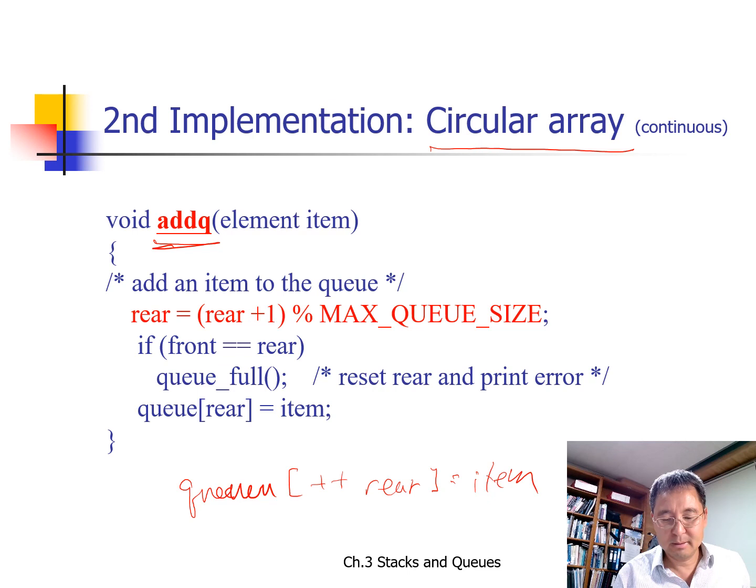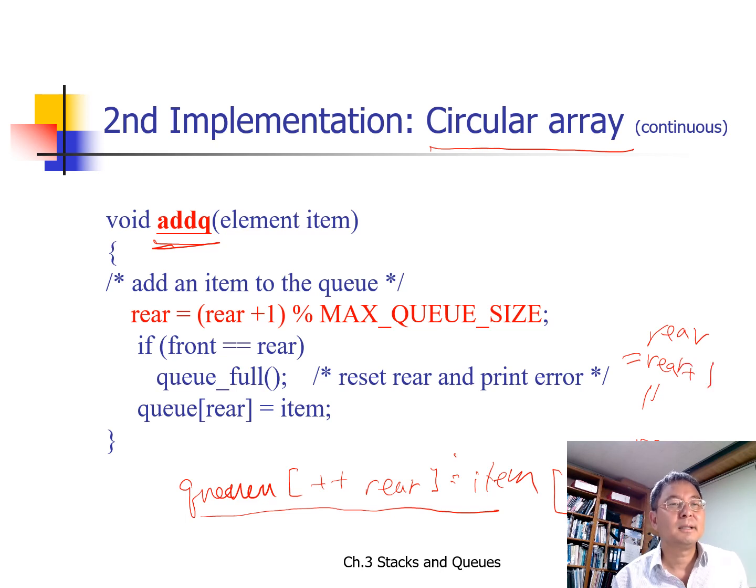That was this one, which is two lines: rear = rear + 1, and queue[rear] = item. The ++rear means that rear = rear + 1.